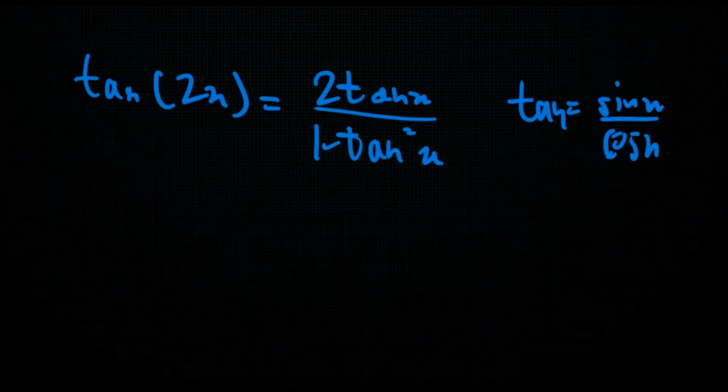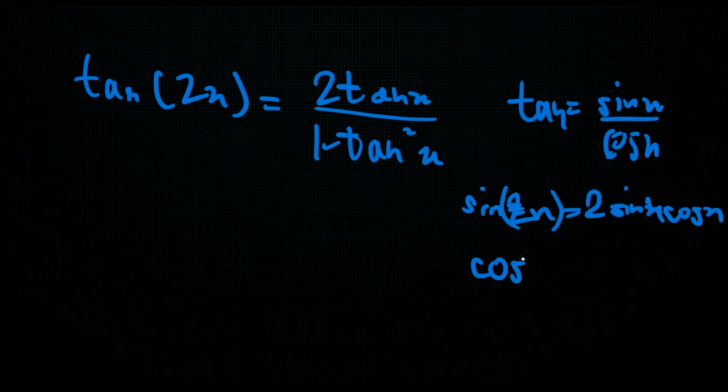We also know that sine 2x equals 2 sine x cosine x, and cos 2x equals cosine squared x minus sine squared x.